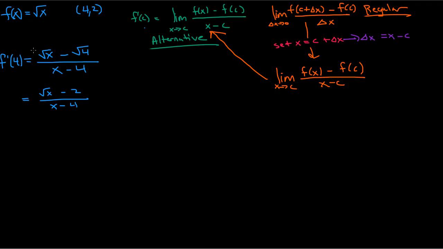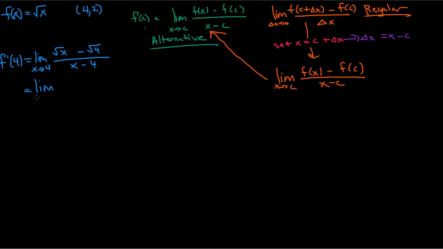Oh, I left off our limit notation. That's no good. It equals the limit, sorry about that, as x approaches 4 of the square root of x minus 2 over x minus 4.